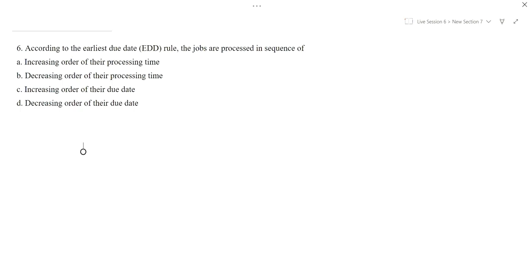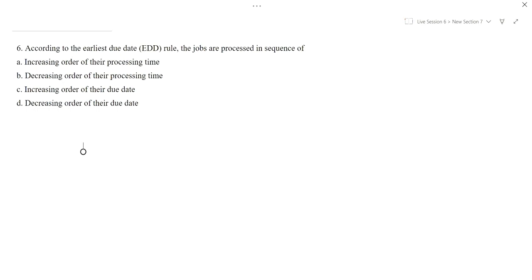So these are the sequencing methods. So this is basically single machine sequencing. So we will just understand what is single machine sequencing. In sequencing, our aim is to find the order in which different jobs are to be processed on different machines so that idle time is minimized.